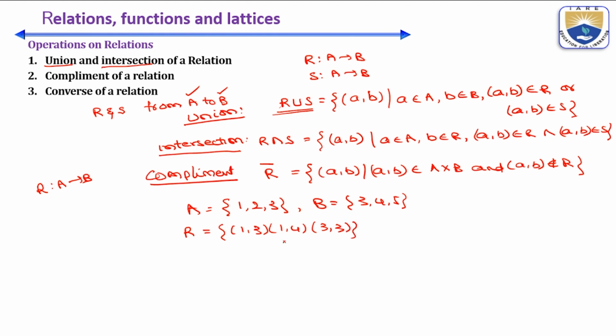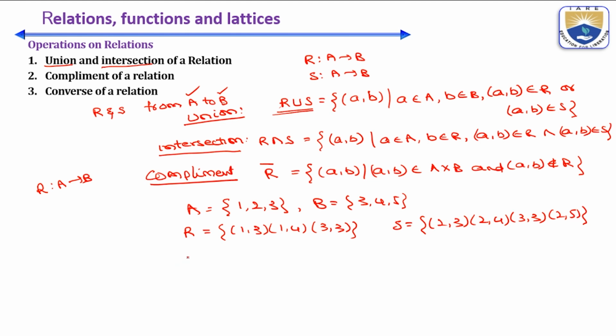And next, S is another relation, and we define it as {(2, 3), (2, 4), (3, 3), (2, 5)}. These are the two relations.